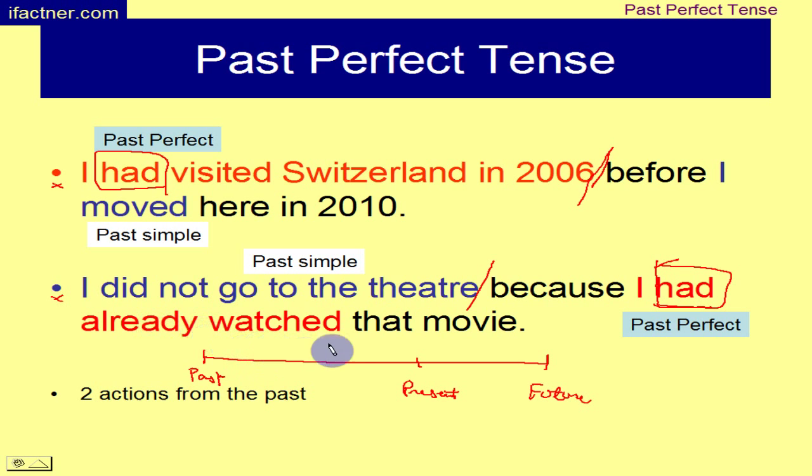Now, if there were two actions in the past, then the action which was in the distant past is represented by past perfect tense, and the relatively newer action in the past is represented by past simple tense.